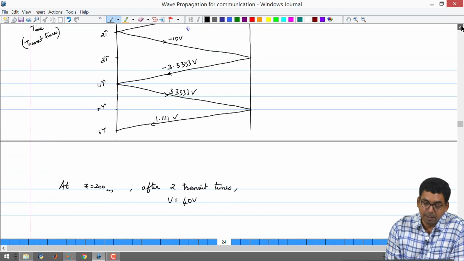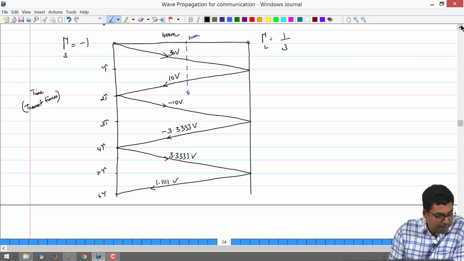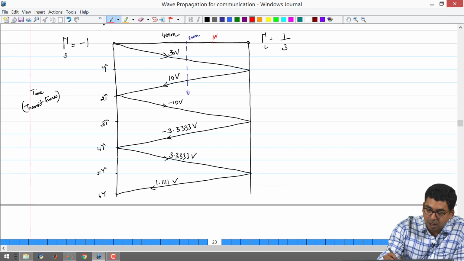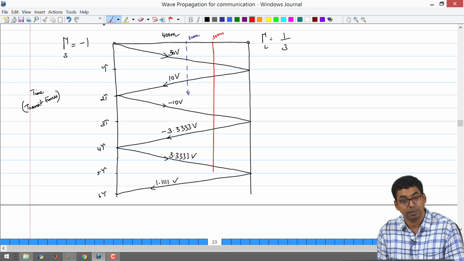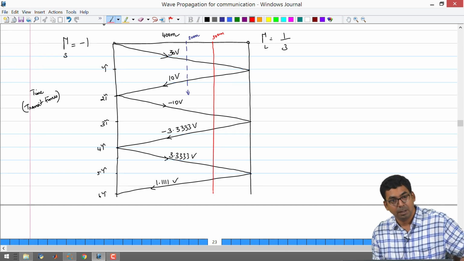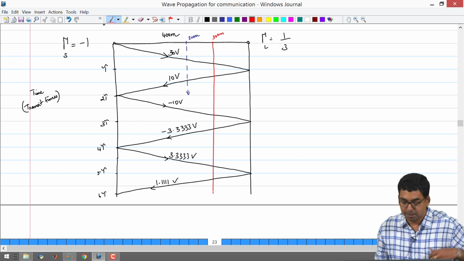Another thing that can be done is, say, at a position 300 meters or so, it can be asked how does the voltage evolve from 0 to 6 transit times?